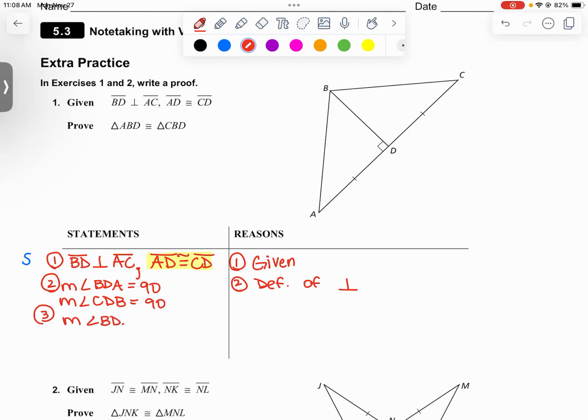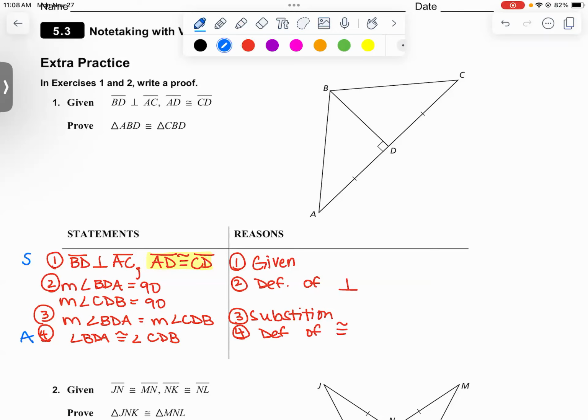No, we can't go there yet. We can say that the measures are equal. And what is that? That is substitution. Then once we know the measures are equal, then we can say that they're congruent. And what do we call that? Look at how much you guys are remembering.